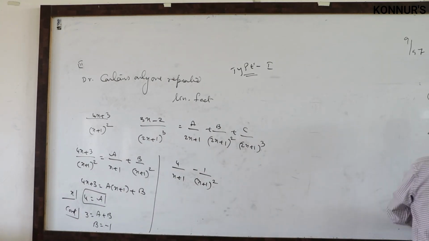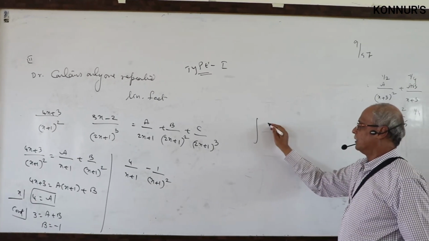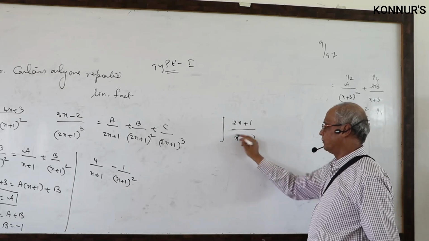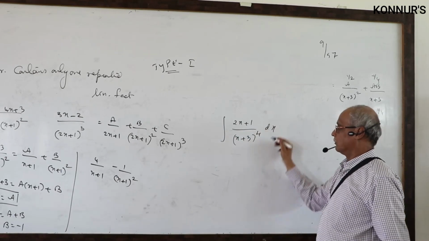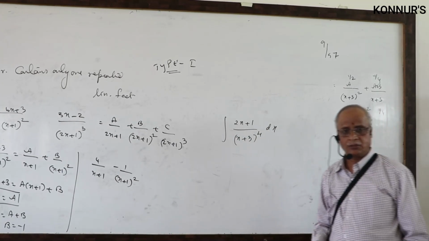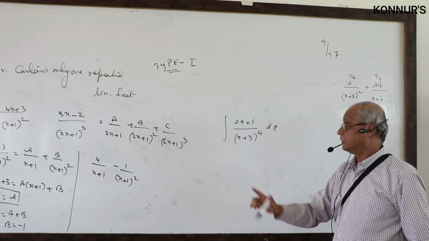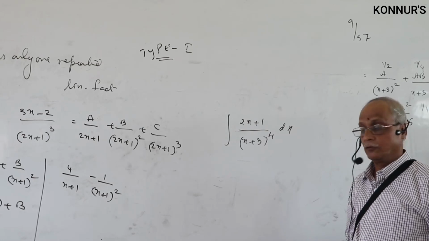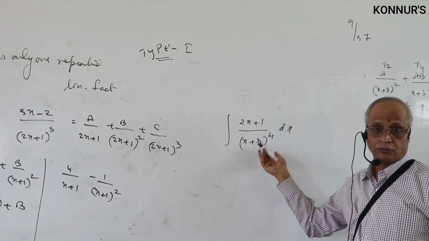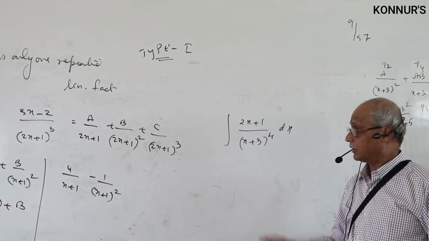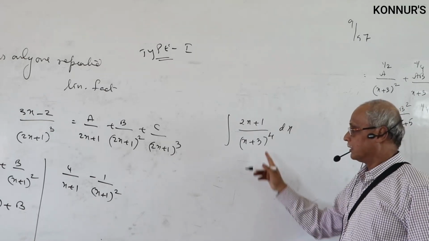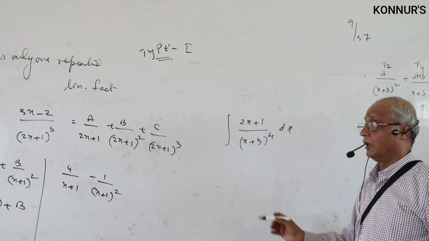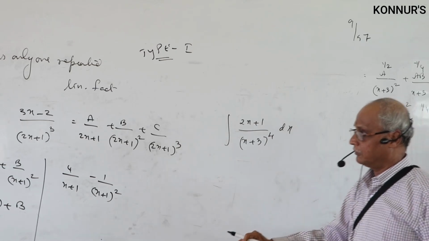But in the exam, I will give you the integral 2x plus 1 by whole power 4. Now how many constants? 4 constants. A, B, C, D. Not an easy calculation. When you do calculations for partial fractions only, that is very big, and where will you finish the integration? Hence, it is not easy. Therefore, we should have some idea for that. That idea now I will give you.